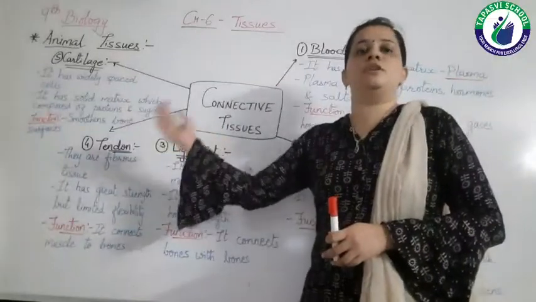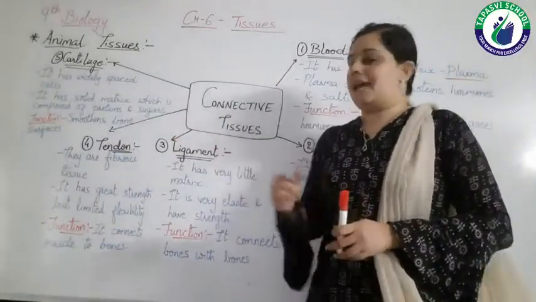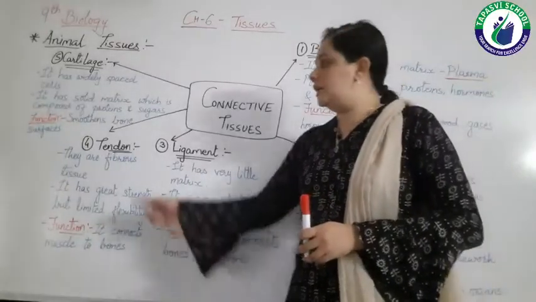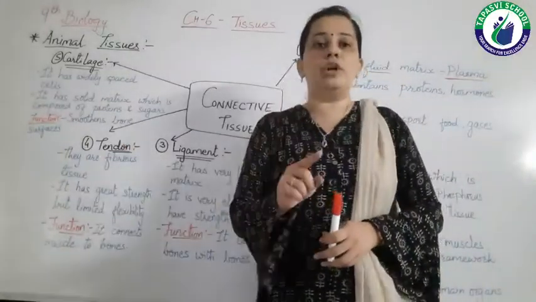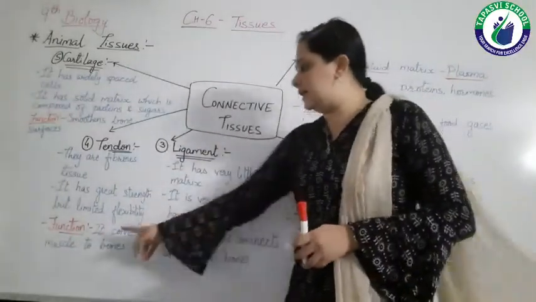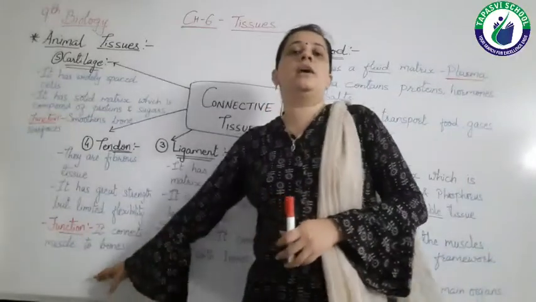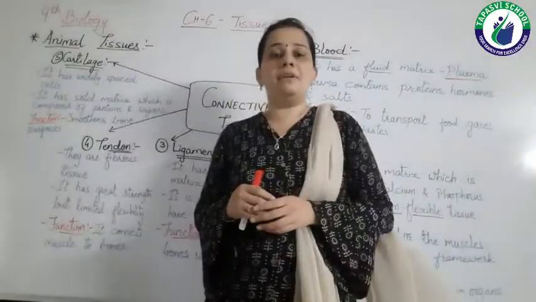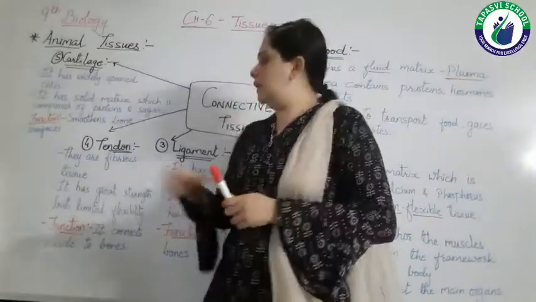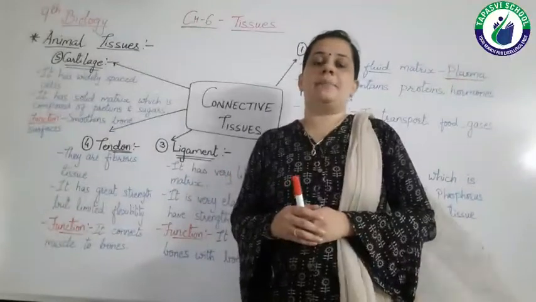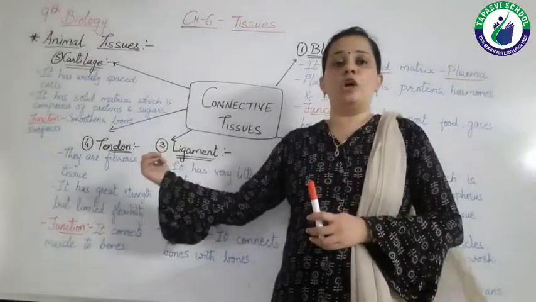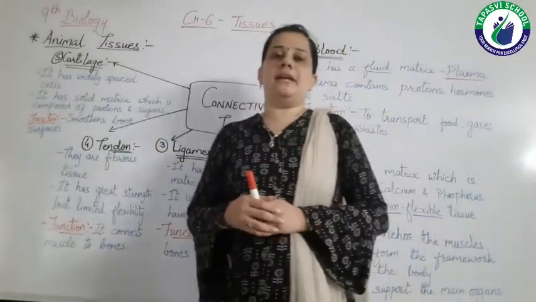Now what is the function of tendon? As ligament connects one bone with another, the tendon connects the bone with muscles. So the function of the tendon is to connect muscle to bones. Whenever there is an attachment of a bone with muscle, the tendon is present. So this is about the fourth connective tissue, that is tendon.